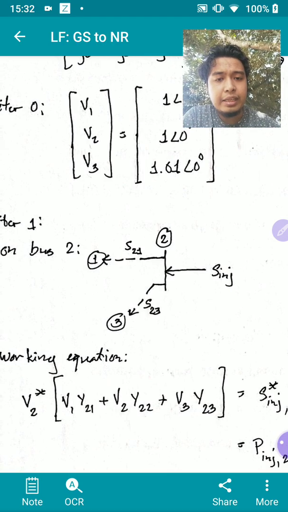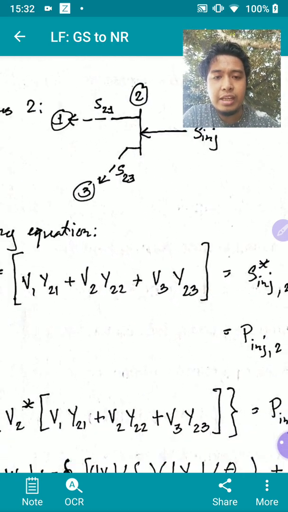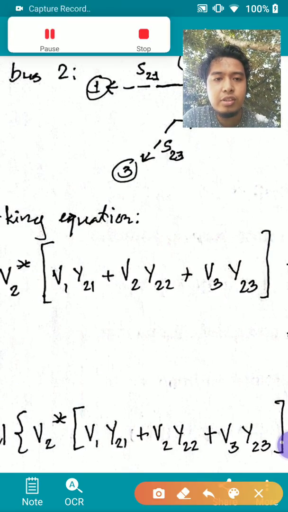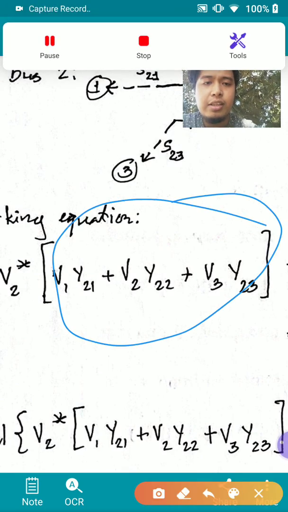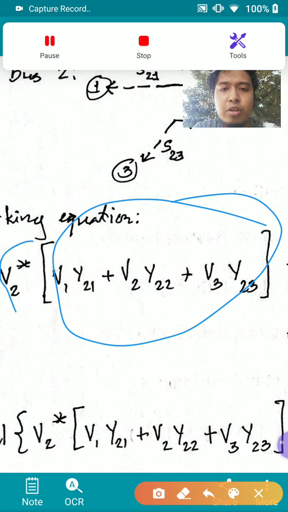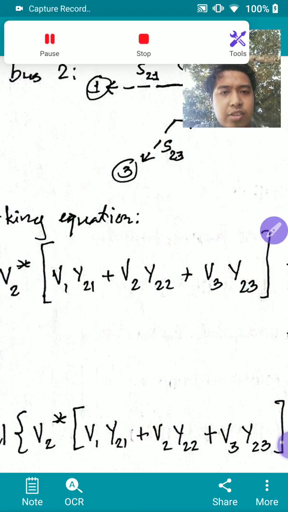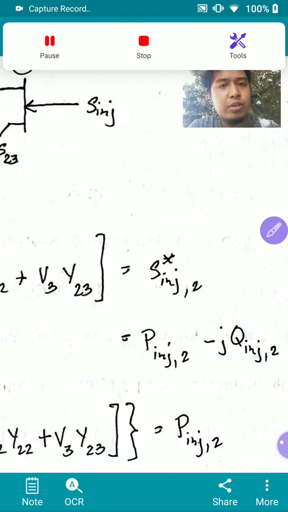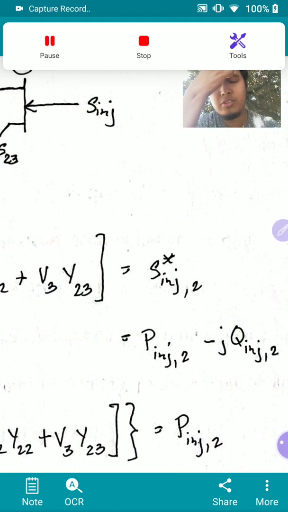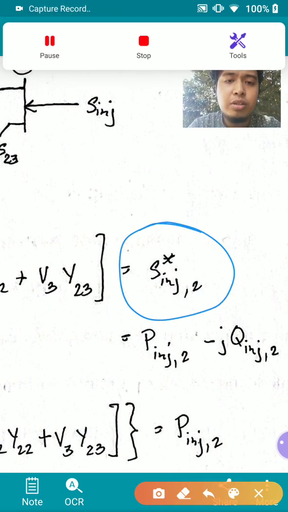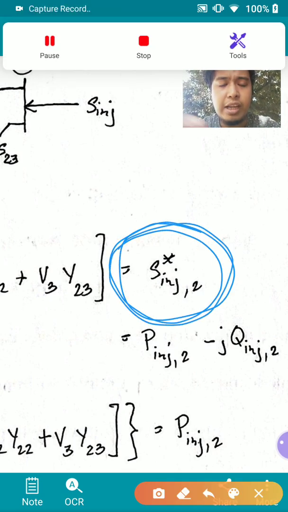So I derived this equation before on Gauss Seidel. If you can still remember, this is the summation of the currents on the lines, and then I multiplied it by V2 conjugate. So this is equated to the power going into the system. This is power injected into the system from the load, negative injection, which is S conjugate.